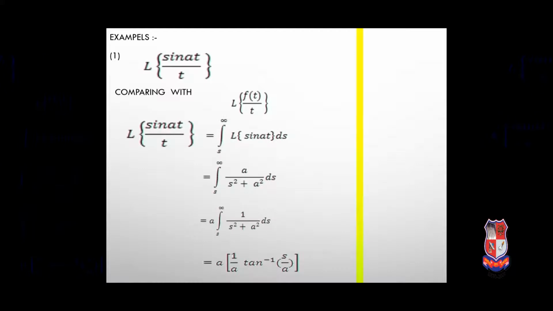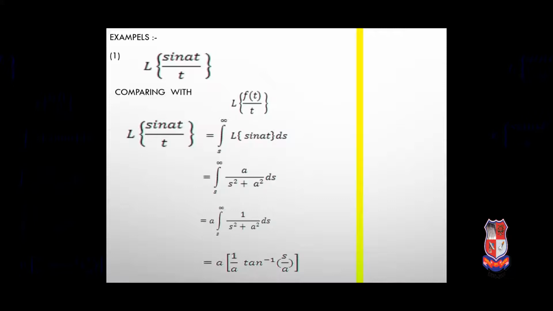Okay, now one example is here, Laplace of sin at by t. We have to compare it with Laplace of f of t by t. Here we are given f of t is equal to sin at. Then according to the rule of division, we have to do integration here.